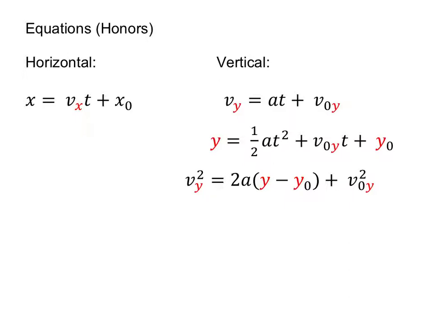The only difference is that in honors, I separate the initial position and the final position, whereas in regular, I combine them into delta x. Likewise, for the regular version of this equation, you would just see a delta y here, combining the y final and the y initial. Otherwise, they're essentially the same equations.